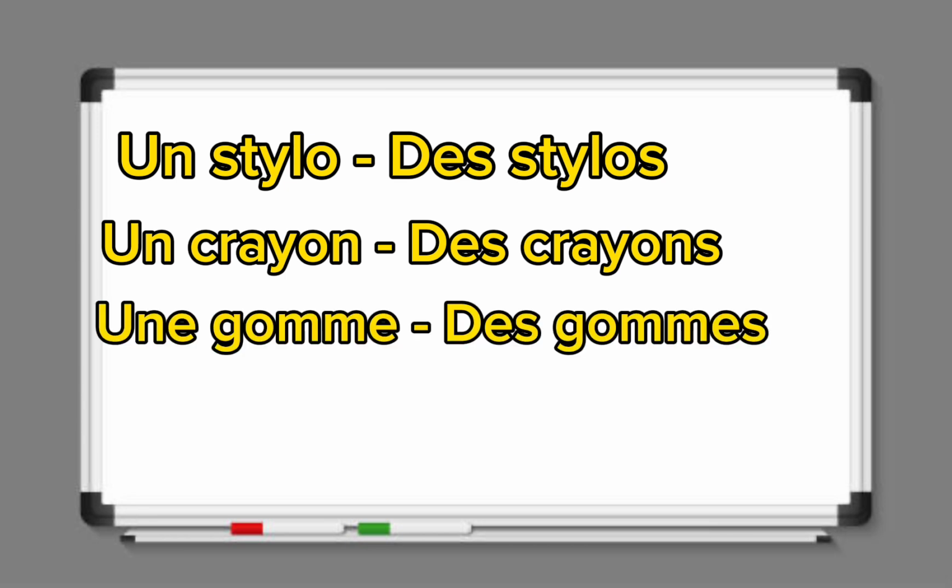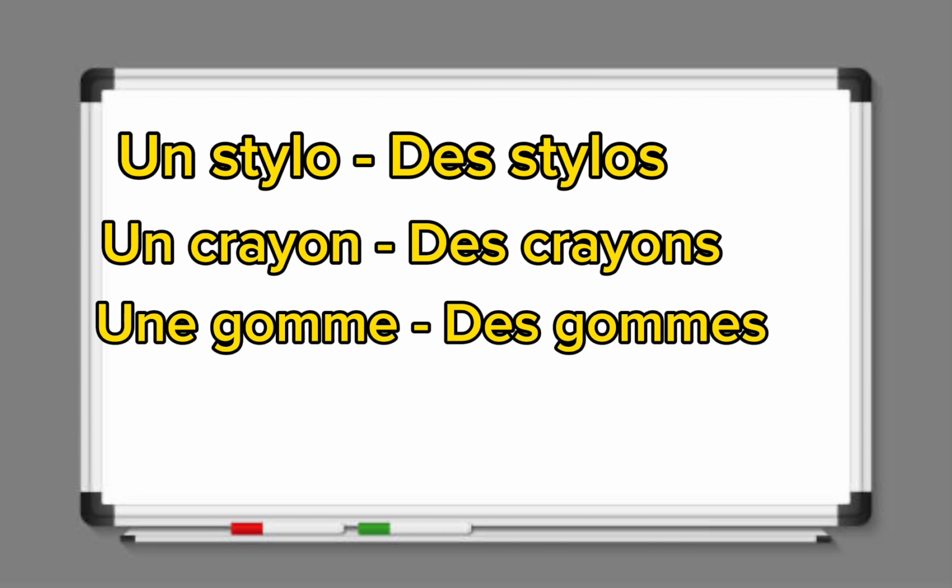Next, une gomme. An eraser. When you write it in plural form, you have to change again une as des, then the plural form of the noun. So it becomes des gommes. Here also we don't pronounce the last letter of the noun.